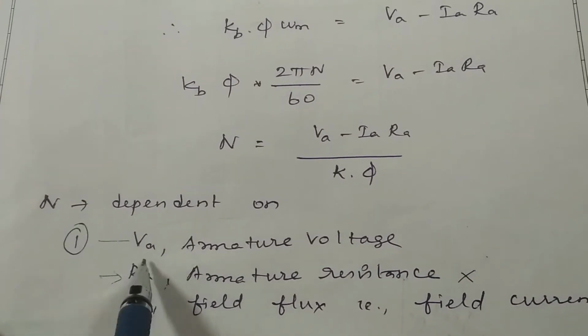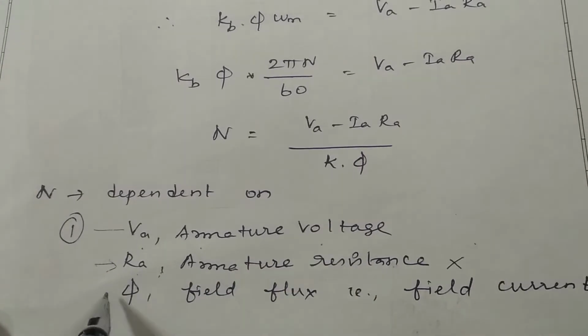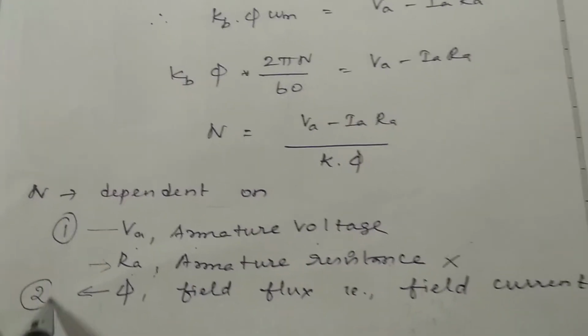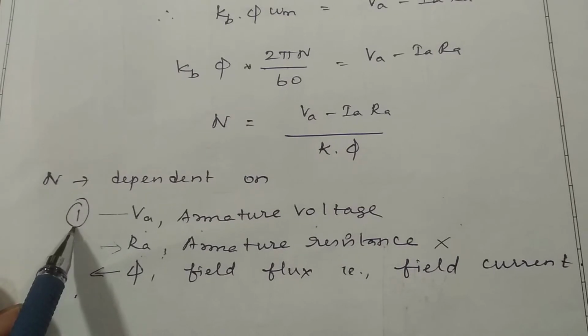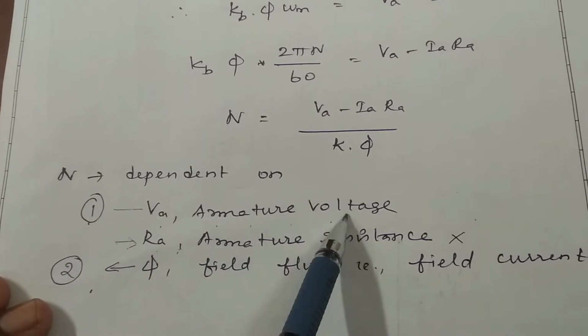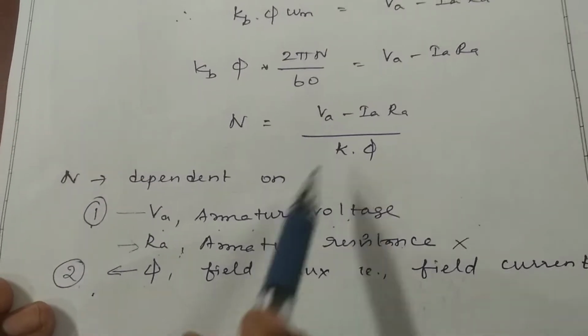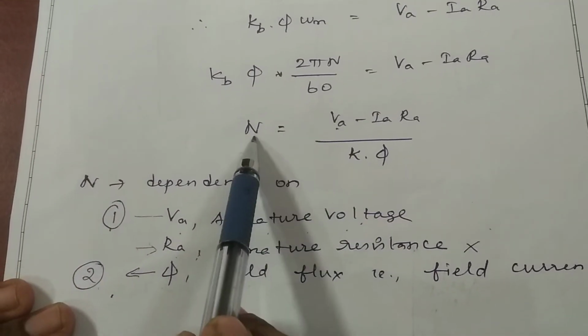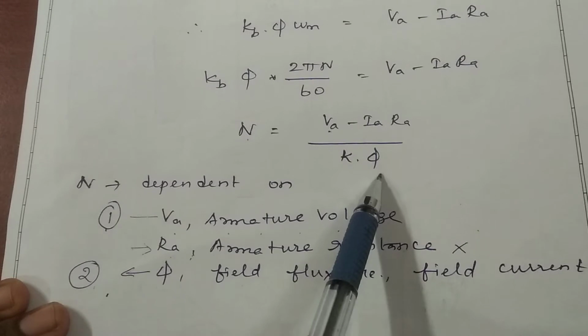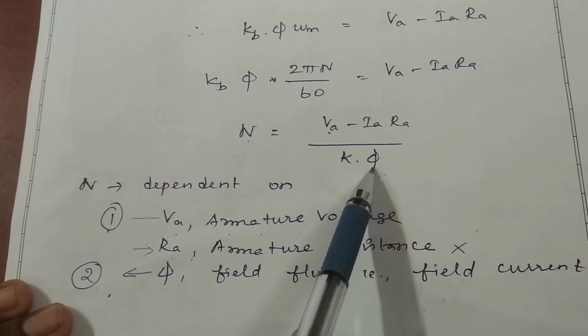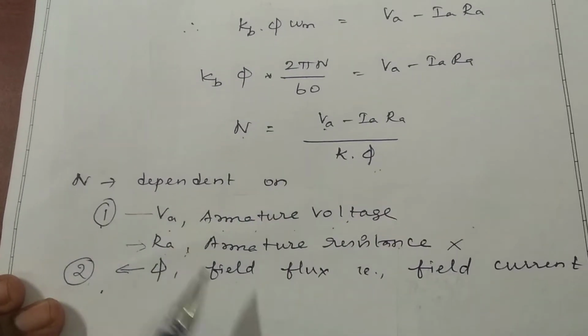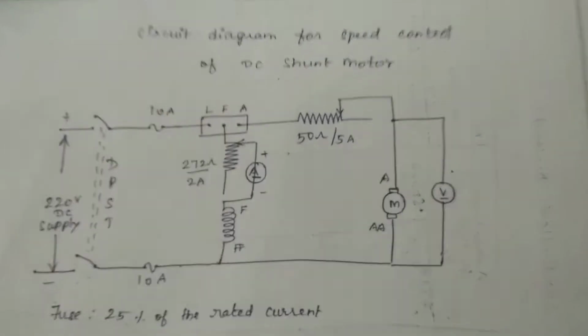The first method, wherein we vary the armature voltage, is called the armature control method of speed, and the second method, wherein we vary the flux, is called the field control method. So by varying the armature voltage, we are varying the speed, and by varying the field or the flux, or in fact the field current, we are varying the speed. Those two methods we will be studying in today's experiment.